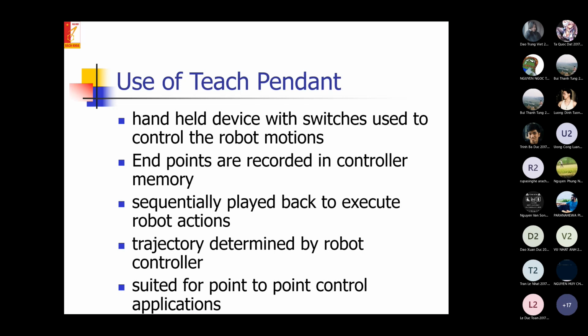The trajectories can be determined by the robot controllers, but the intermediate points inside the trajectories normally will be taught by us.